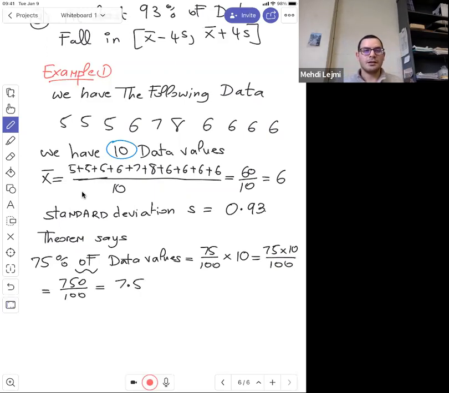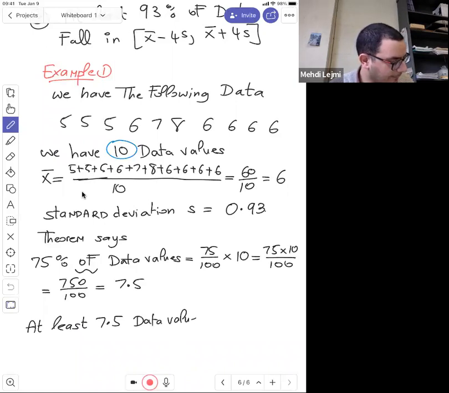So the theorem says that of the 10 numbers, at least 7.5 numbers or data values are between.